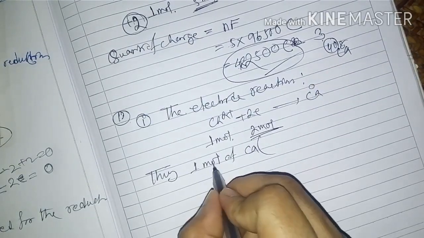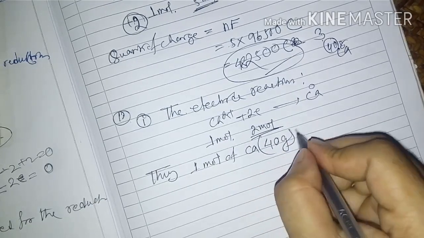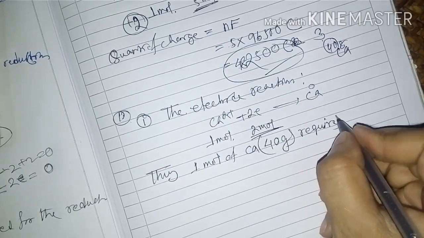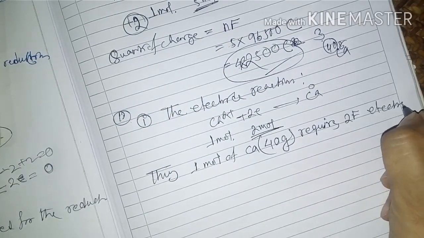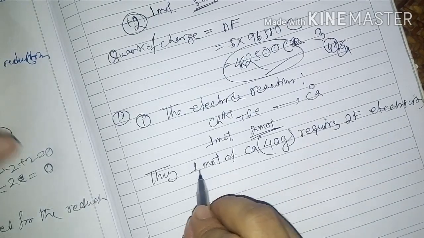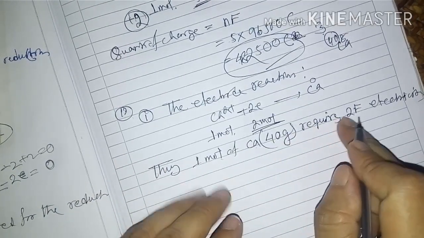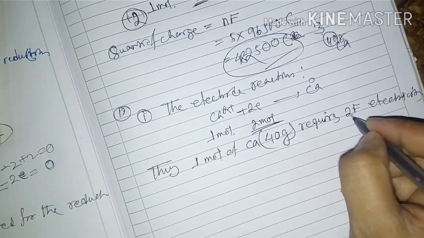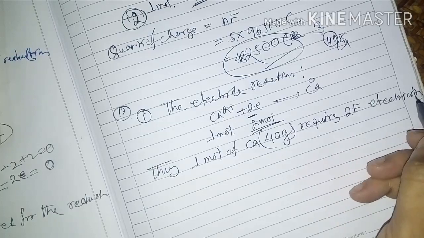So 1 mole of calcium, inside the bracket you can write 40 gram, requires 2 Faraday electricity. That means 40 gram requires 2 Faraday, which means 2 moles of electrons. So nF means 2 Faraday electricity.